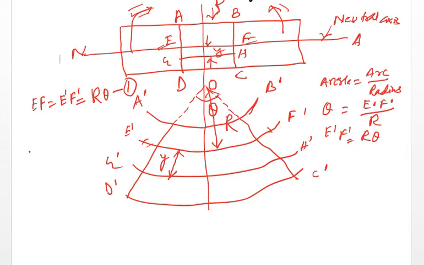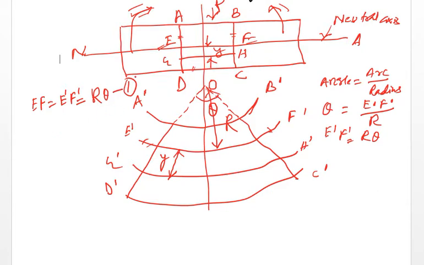Now we know that before applying the load, these two lines AD and BC are parallel and equal, and AB and CD are also parallel and equal.